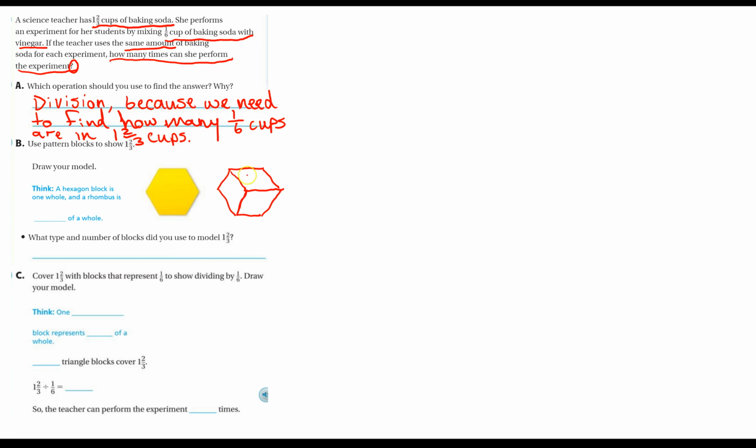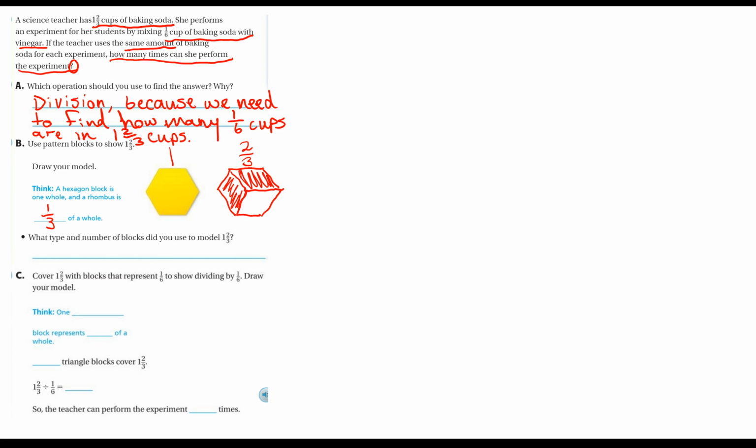So now we've broken this into 3 parts, and we're using 2/3, so shade and shade. So now I have one whole, and this is 2/3. So a hexagon block is one whole, and a rhombus is 1/3 of a whole.